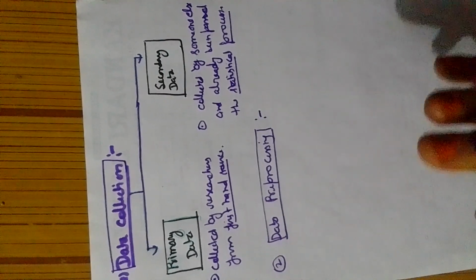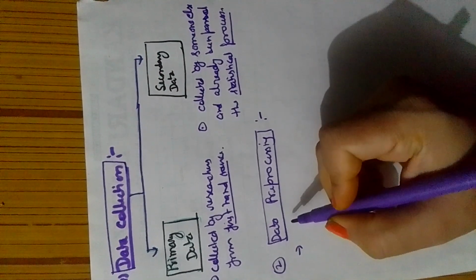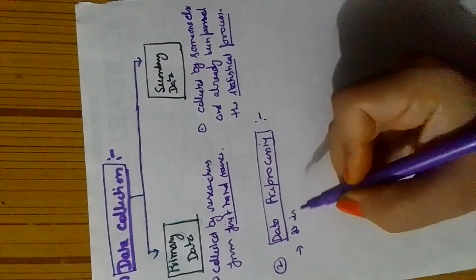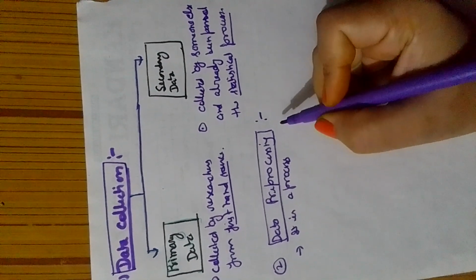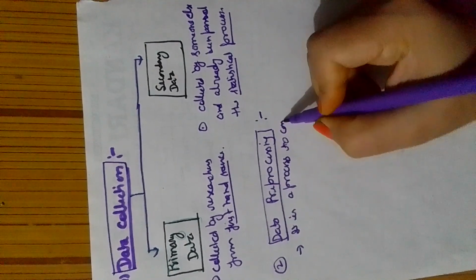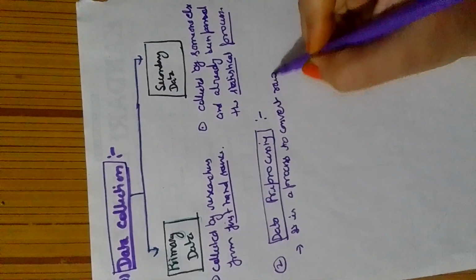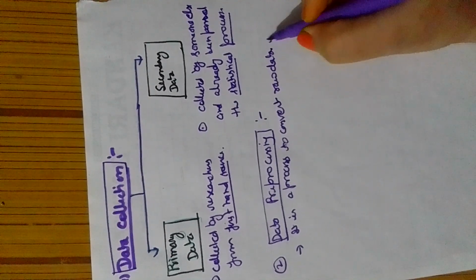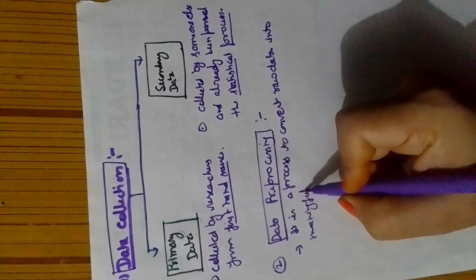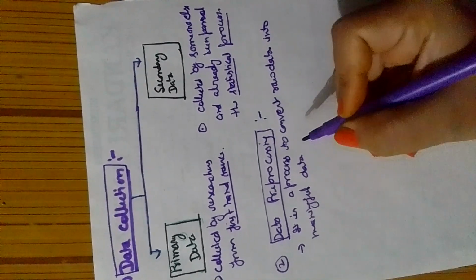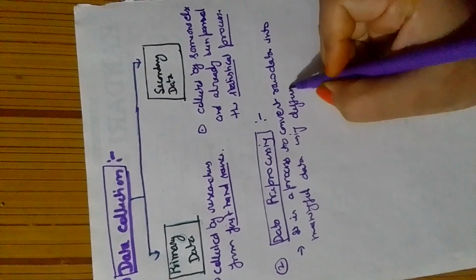First learn this definition: data pre-processing is a process to convert raw data into meaningful data using different techniques.